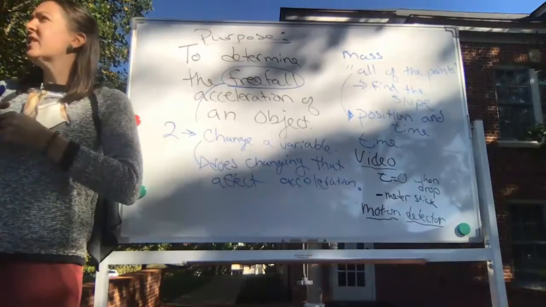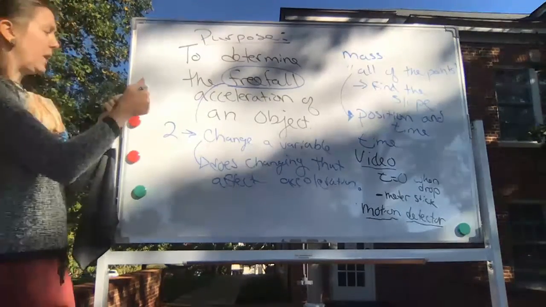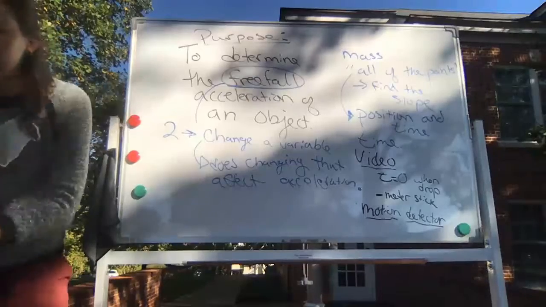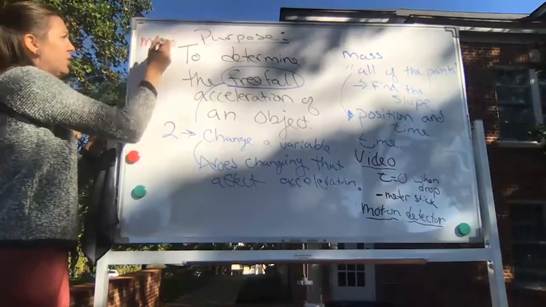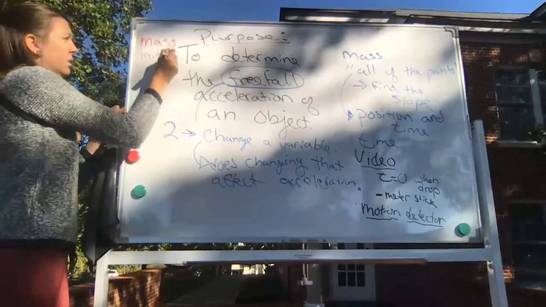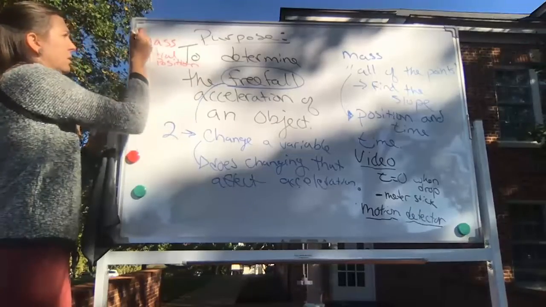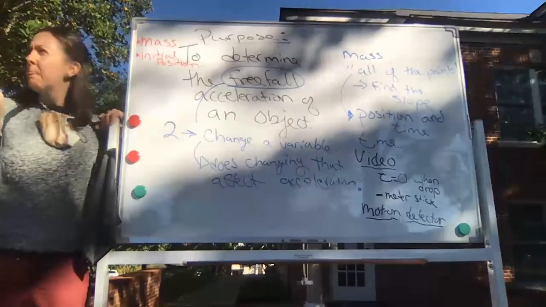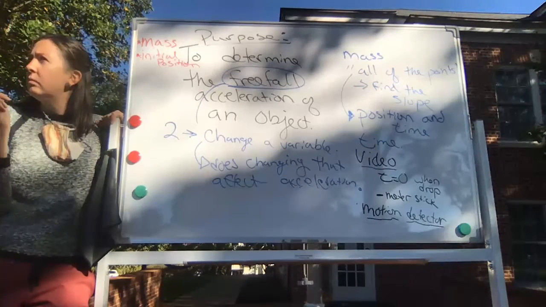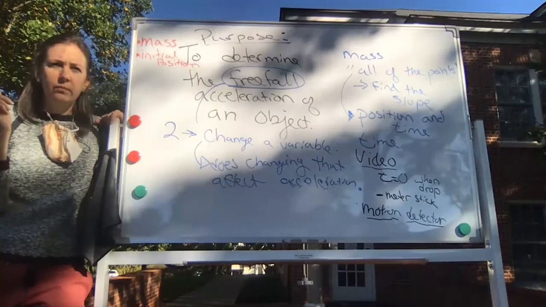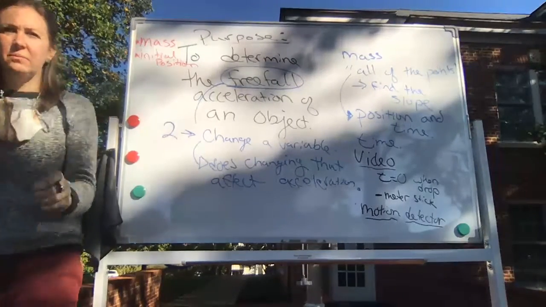So what things could you change about an object? You could change the weight. I'm going to use the word mass, but yeah, you could change the weight or the mass. Good. You could change the initial position. What else could you change? Nothing else?